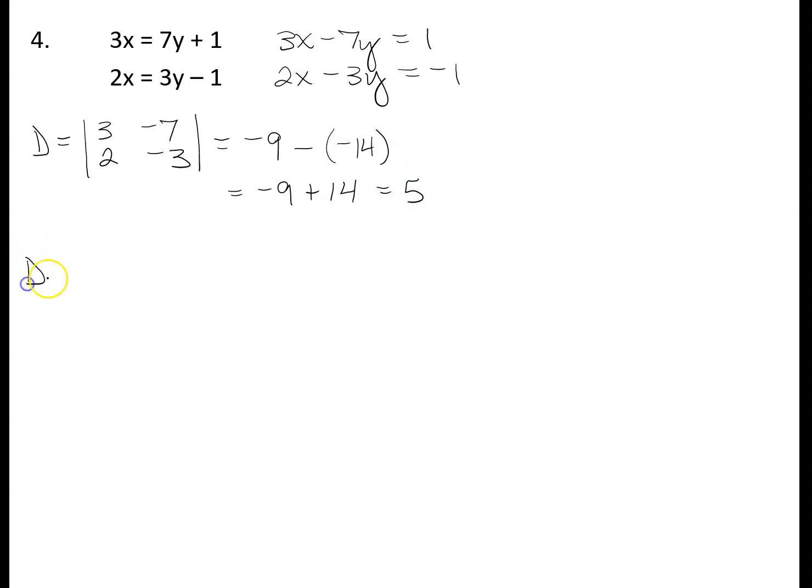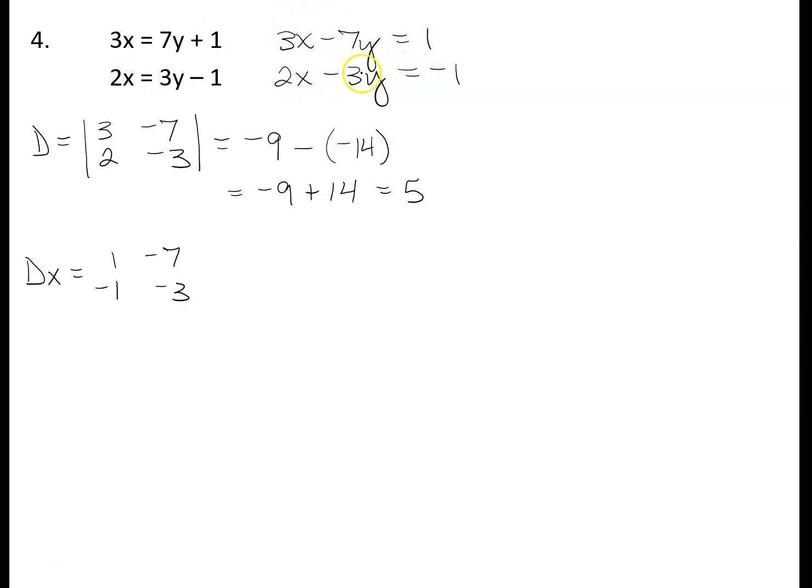Okay, now for dx. Replace the x column with the constants, 1 and negative 1. And the y column stays, negative 7, negative 3. Now remember, we're looking at these new equations, not the original, okay?